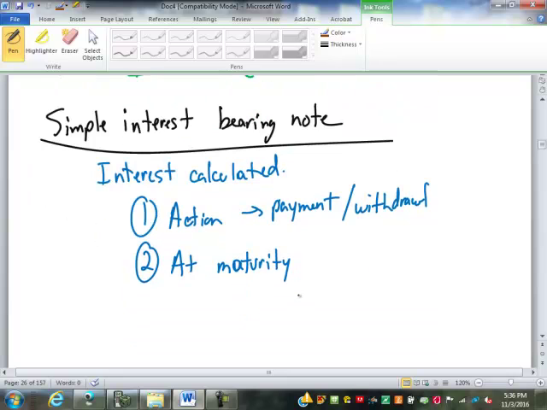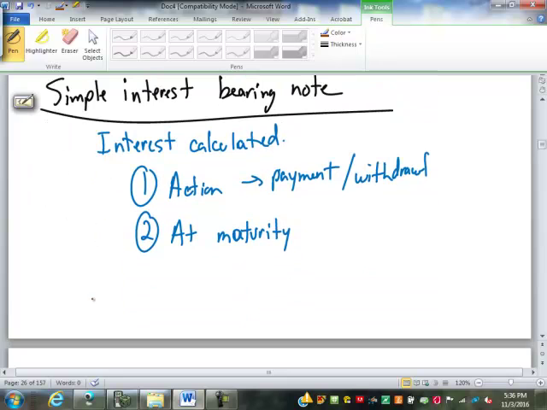So for a simple interest-bearing note, we start out with the principal. And we're going to add to that the interest, and that's going to give us the maturity value.